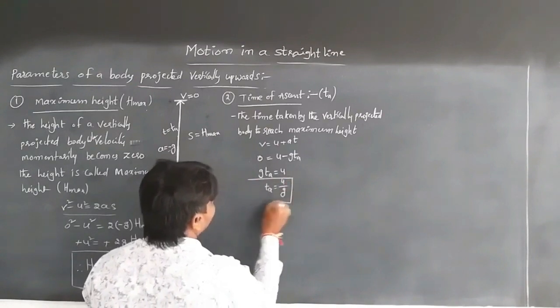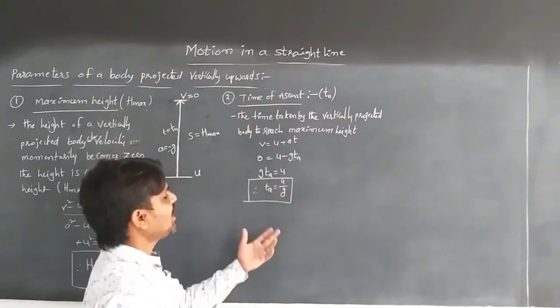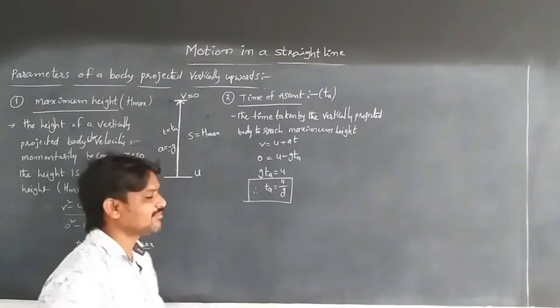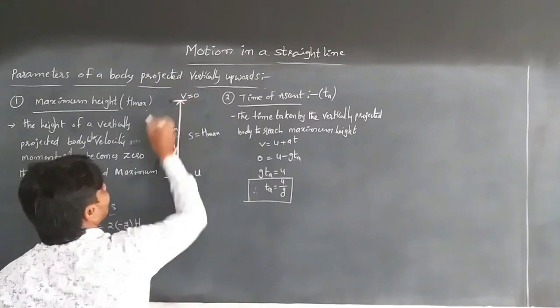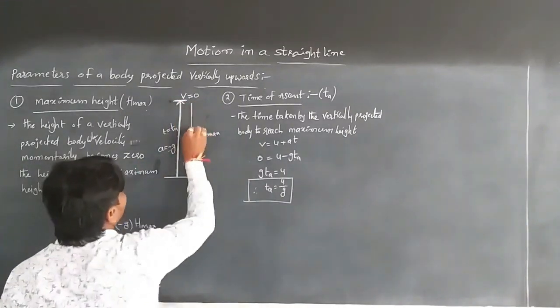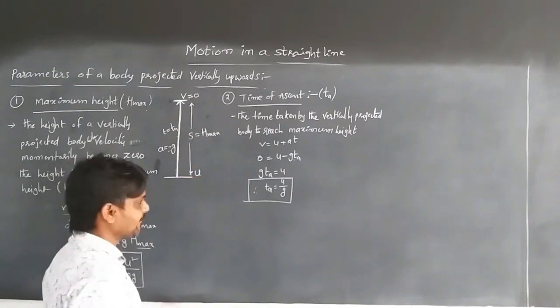This is the formula of time of ascent when a body is projected vertically upwards, meaning the time taken by the vertically projected body to reach its maximum height.